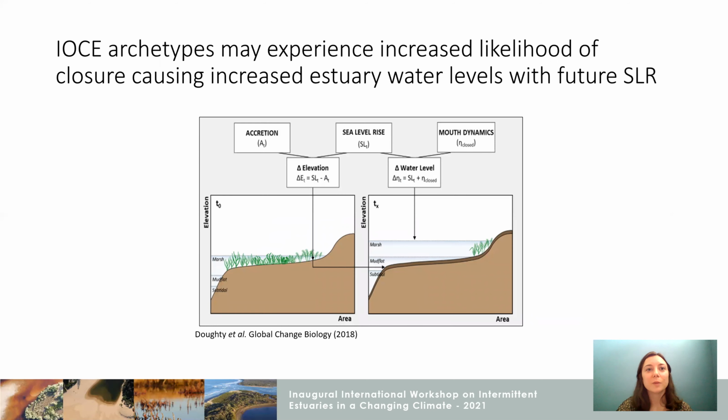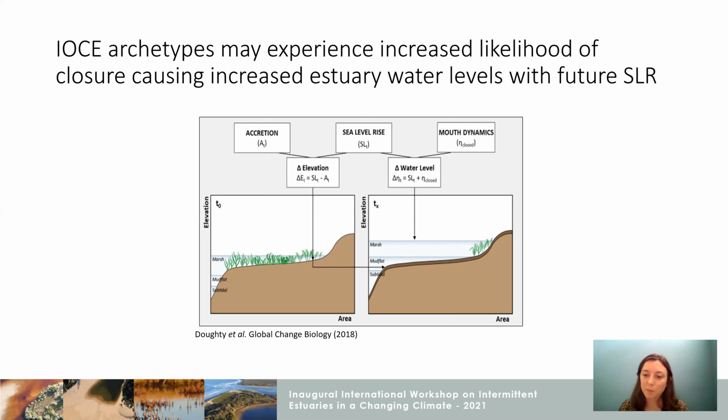And so from this modeling effort, we were able to account for some of these considerations specific to IOCEs in our region and use this information to improve our sea level rise driven habitat response model, in order to predict how these different subtidal, mudflat, and vegetated marsh habitats would change in the future.